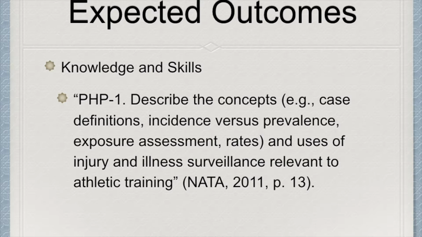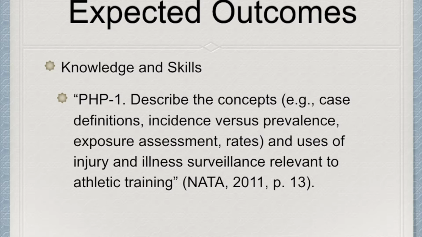that's on page 13 of the document, and this is prevention and health promotion. And so that's the first one. Describe the concepts. Okay, describe is a verb. It's an action verb. We'll talk about learning objectives, I think, next week. That's for knowledge.